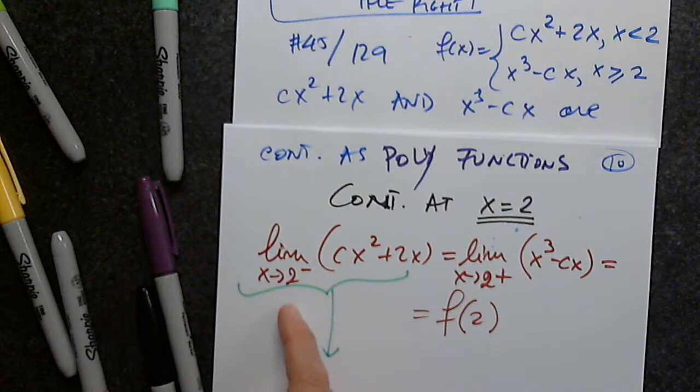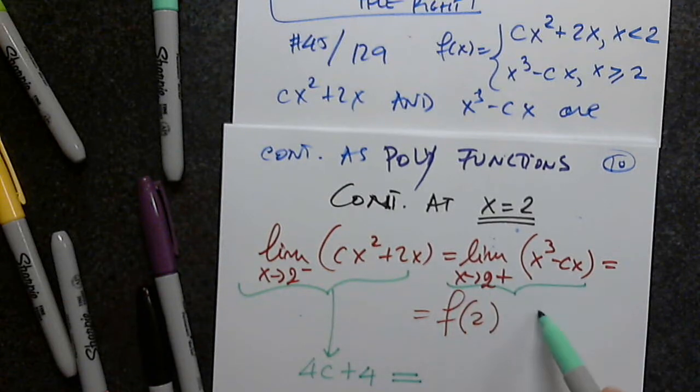As x approaches 2 from the left of cx squared plus 2x. What will that equal to? 4c. 4c, very good. Plus 4. 4c plus 4 must equal.